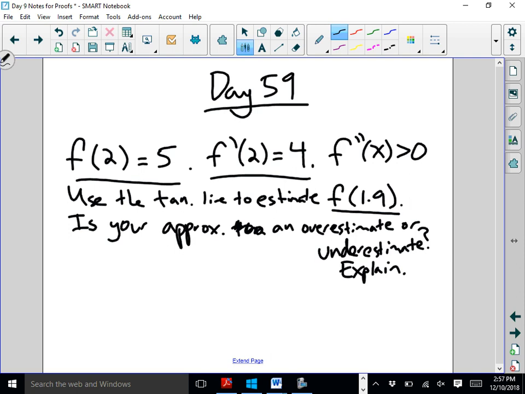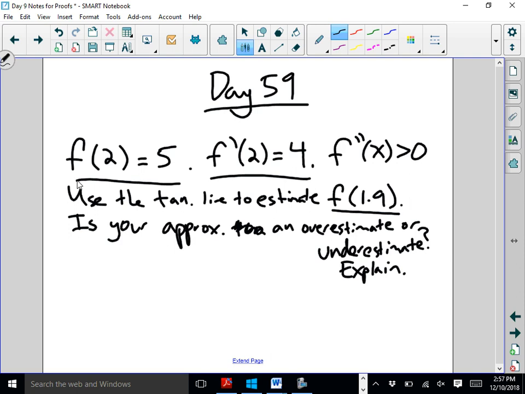So to do all this, I don't have to use anything with f double prime of x being greater than 0. That piece of information is going to be important for determining whether my approximation is an overestimate or an underestimate. So to solve this problem, my first step is I want to write the equation of the tangent line.